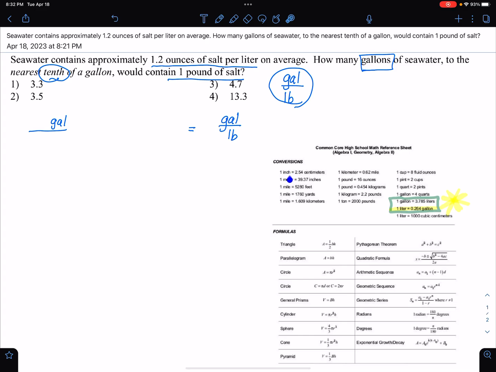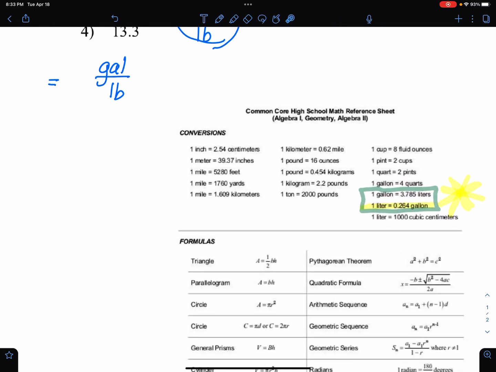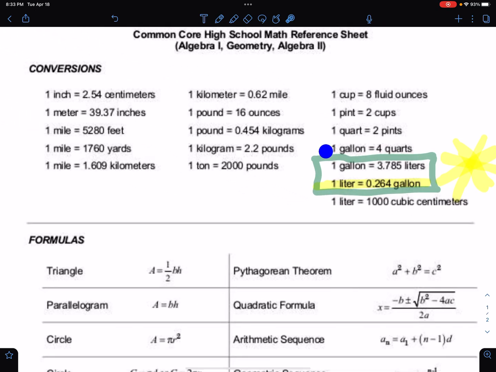If you look at the reference sheet here, there's multiple things that have gallon in it. We have 1 gallon is 4 quarts, 1 gallon equals 3.785 liters, and 1 liter equals 0.264 gallons.